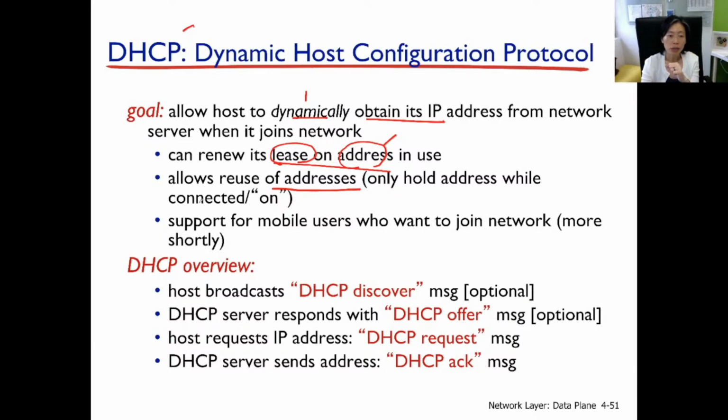But don't worry, as long as you stay in the subnet, stay connected, stay on, then you get to reuse the IP address. This is done by exchanging messages again between the client and server. Some more messages are exchanged periodically so that we can renew the initial lease. So that is generally how DHCP works.